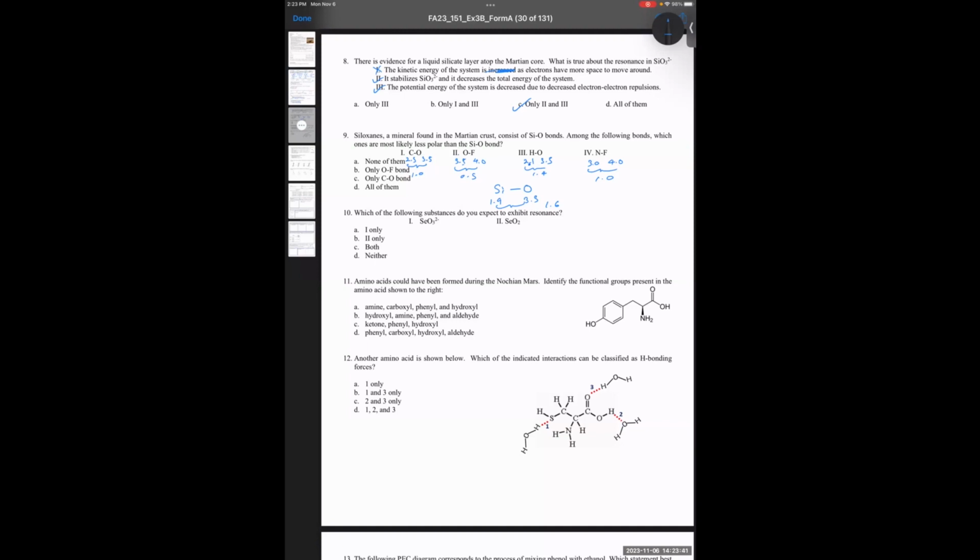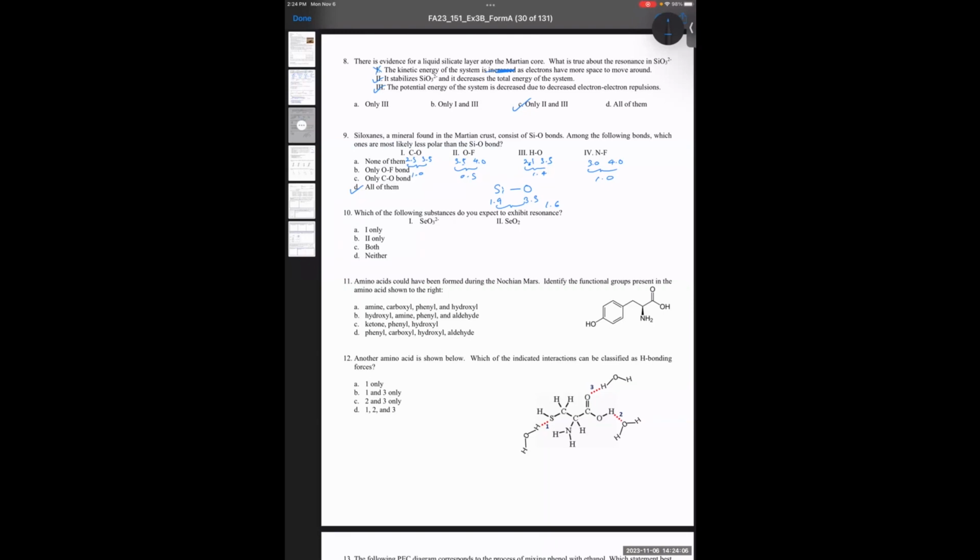Greater the electronegativity difference between the two atoms, more polar the bond is. So out of all these bonds, SiO bond is the most polar bond. Therefore, the answer to the question, which ones are most likely less polar than SiO bond? All of them. Therefore, option D must be correct.